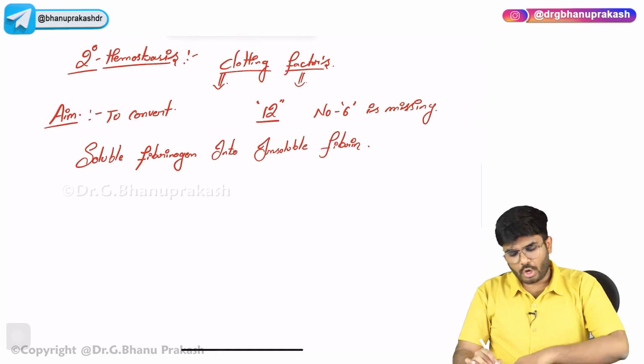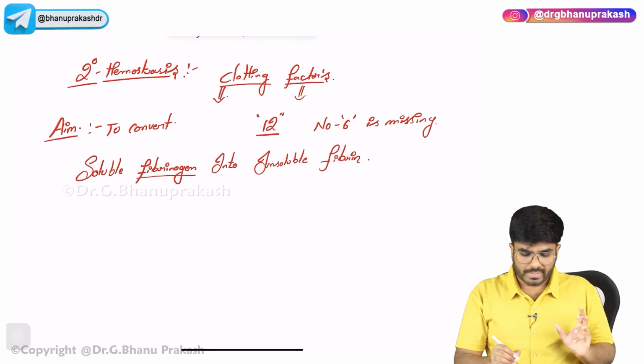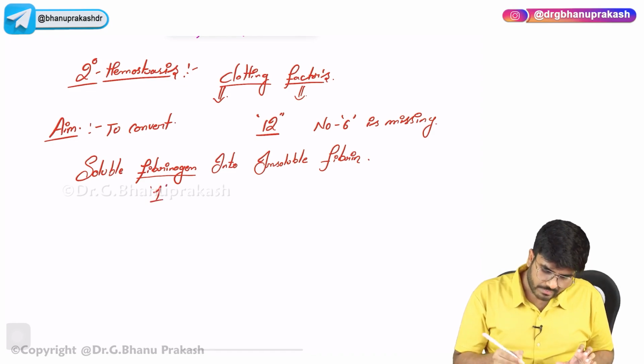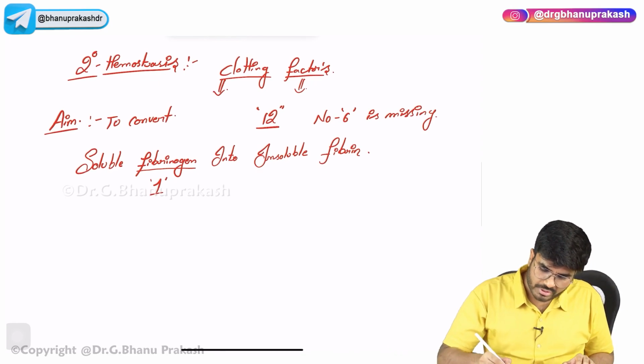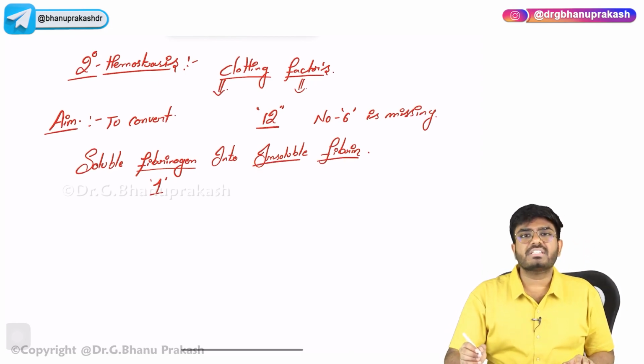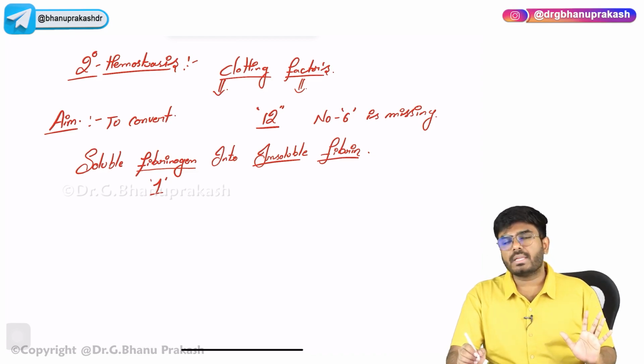Fibrinogen is a protein, a clotting factor, clotting factor number 1, which is inactive; the ogens are inactive. To convert the soluble fibrinogen into insoluble fibrin strands, that's the aim of clotting, secondary hemostasis.